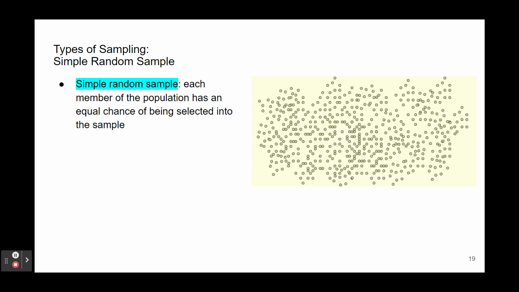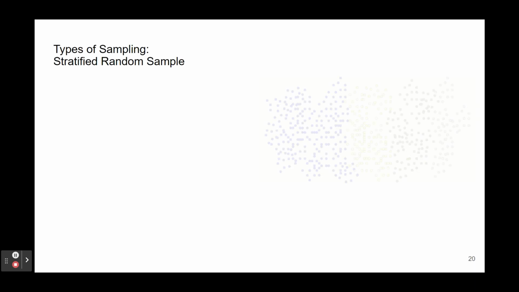We do random sampling in order to increase the generalizability of our conclusion. Why? Because the sample becomes more externally representative, more generalizable, so our conclusion becomes more generalizable, better than a convenience sample.